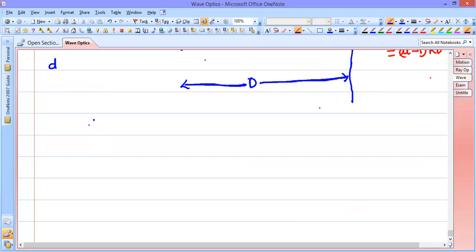So firstly, I am having a path difference that is mu minus 1 into t. And I am having an additional path difference due to the phase difference.